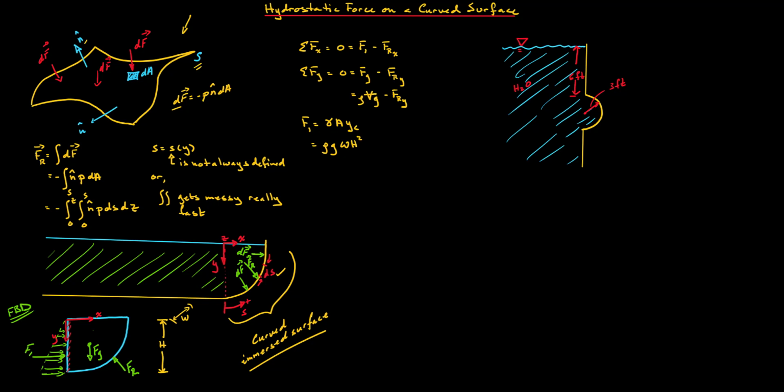So we'll have H squared over 2. And this will be our F1. So all we will need is some sort of definition of what this curved surface actually is, and this will help us find the volume here in order to calculate the weight of the fluid.